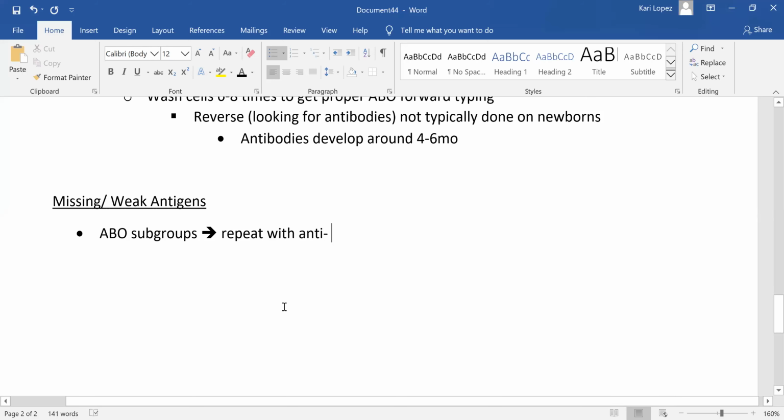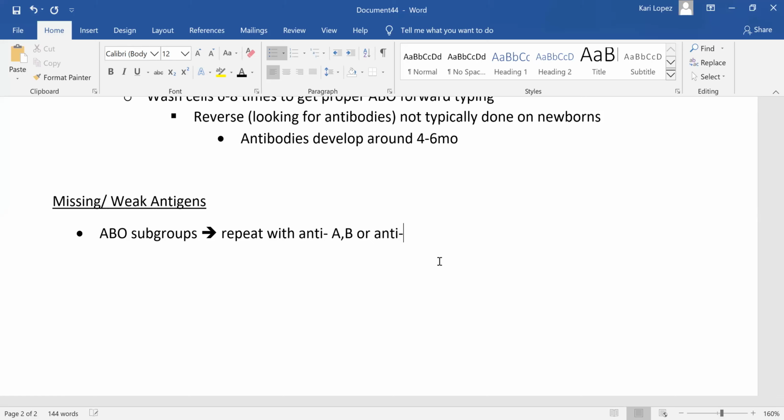So missing or weak antigens, you've got ABO subgroups. For those, you can repeat with anti-AB or anti-A1. And what is the other term for anti-A1?